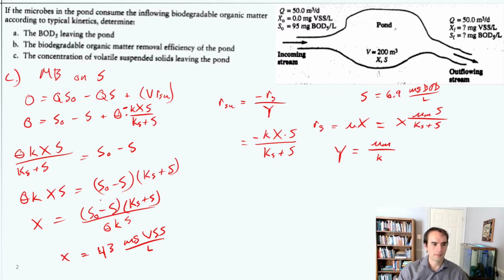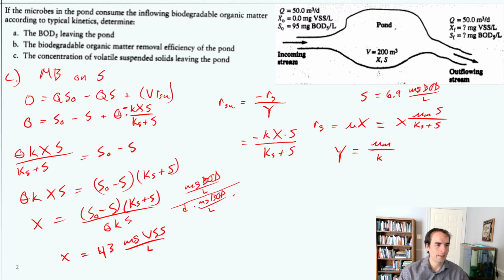This is S, milligrams BOD per liter, times S naught, more milligrams BOD per liter. So milligrams BOD on top. And on the bottom we have theta, which is in days, times S, which is milligrams BOD per liter. So that'll cancel.